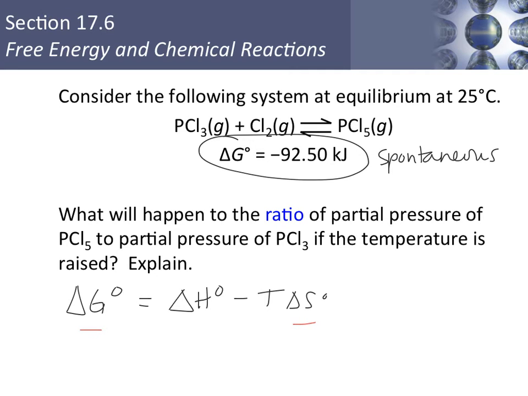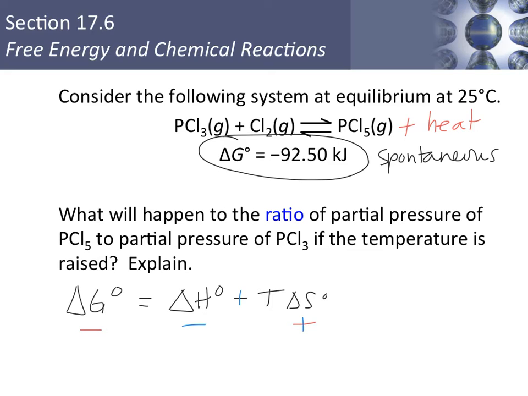When we subtract a negative number, that means that we are adding. So that must mean that the enthalpy change is negative in order to get a negative answer for the free energy change. When the enthalpy change is negative, this means that the reaction is exothermic.